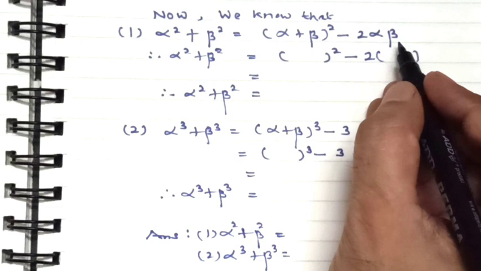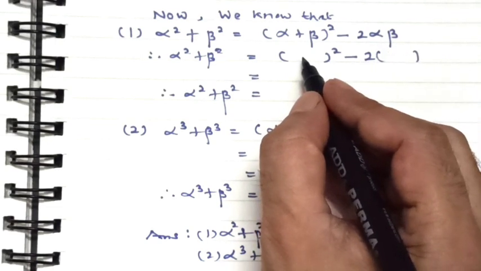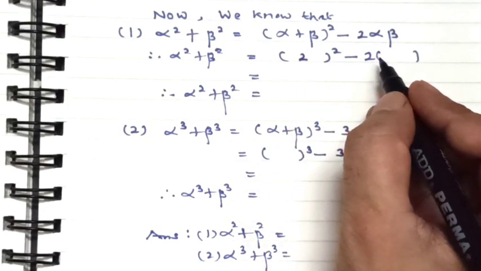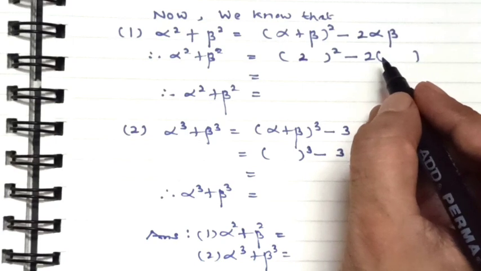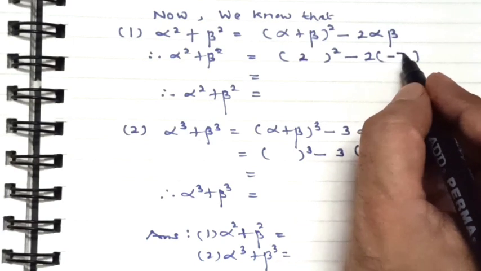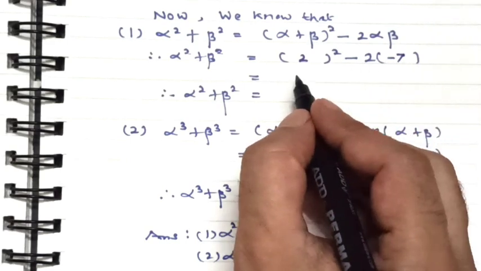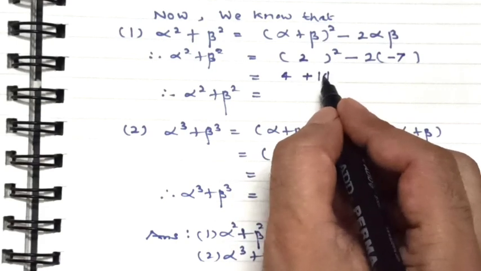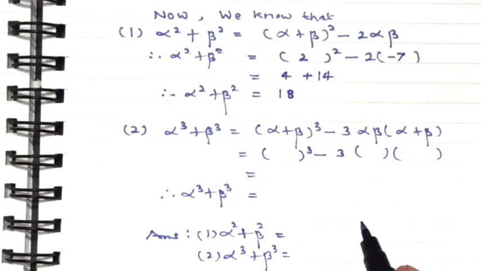Please remember this formula and put the values. What is alpha plus beta? It is your 2. And what is alpha into beta? It is minus 7. So minus 2 into minus 7, that will give you 2 square is 4, minus minus plus 14, and that will give you 18. So alpha square plus beta square is equal to 18.